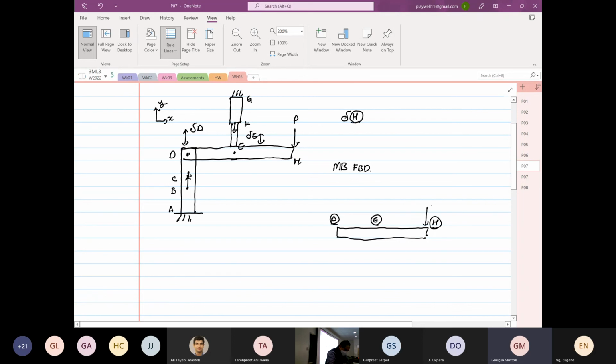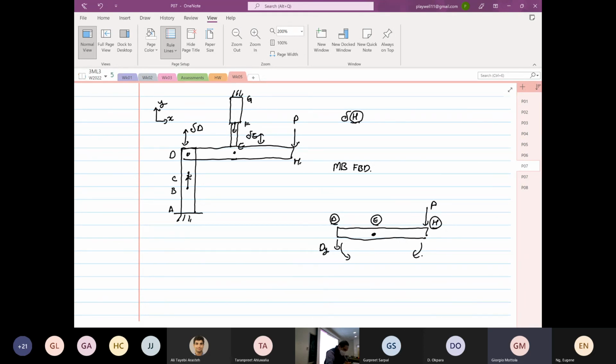So you know that this is coming down. Dy has to be coming down. Why does Dy have to be coming down? Because at D, it will create a moment in this direction. At H, it will create a moment in this direction. So it cancels out. So Dy cannot be going up. It has to be coming down. Are we clear? Is that clear to all of you?